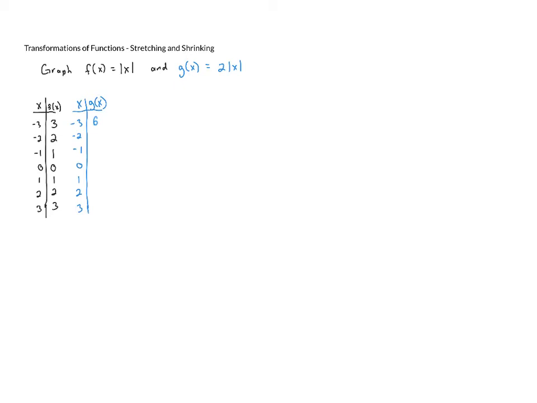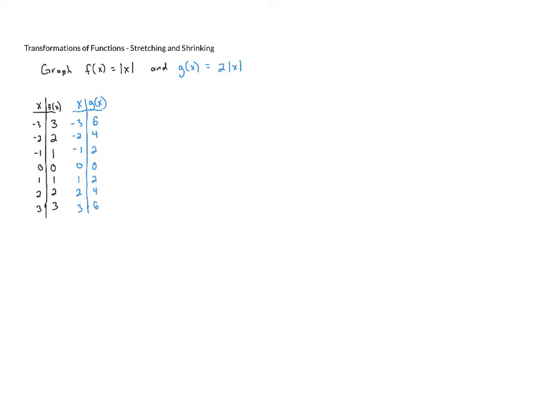Then, when we plug in -2, the absolute value of -2 is +2, and 2 times 2 is 4. When we plug in -1, the absolute value of -1 is 1, and 2 times 1 is 2. And so on. We end up getting 0, 2, 4, and 6 for the other corresponding function values.